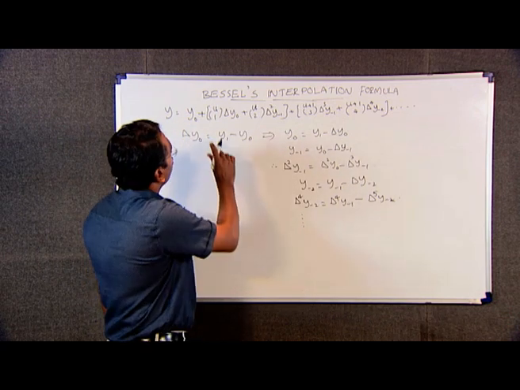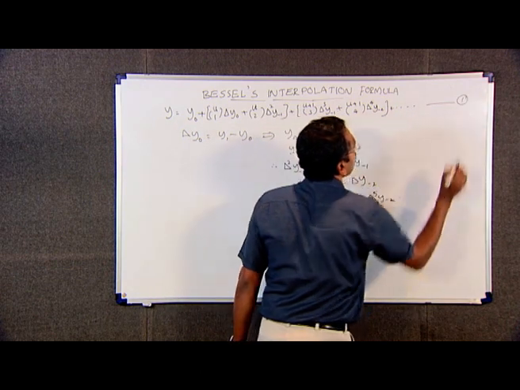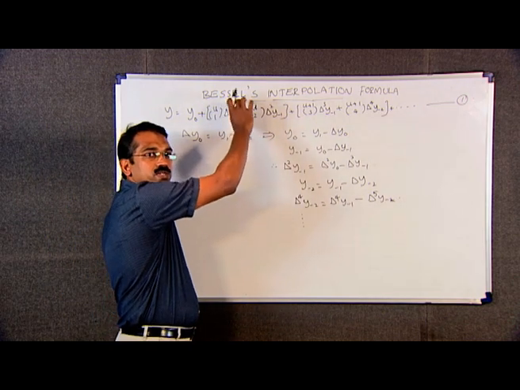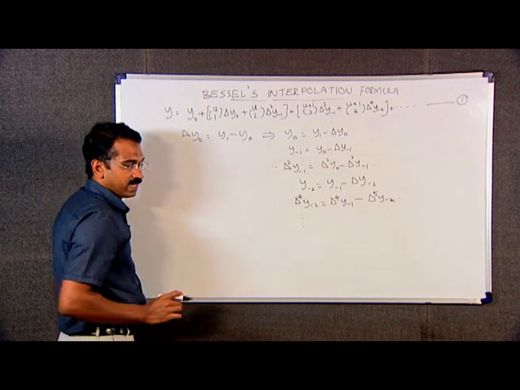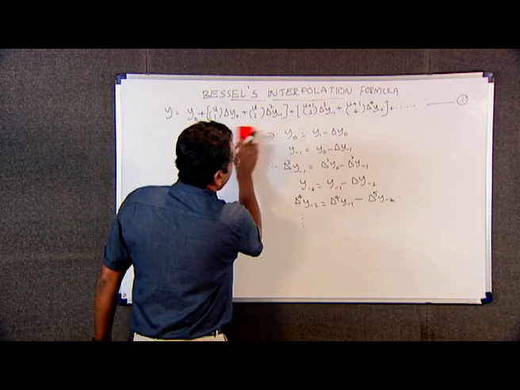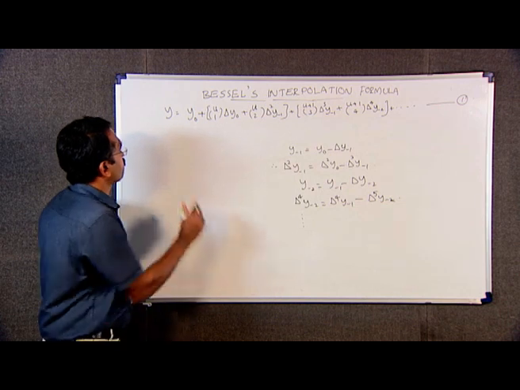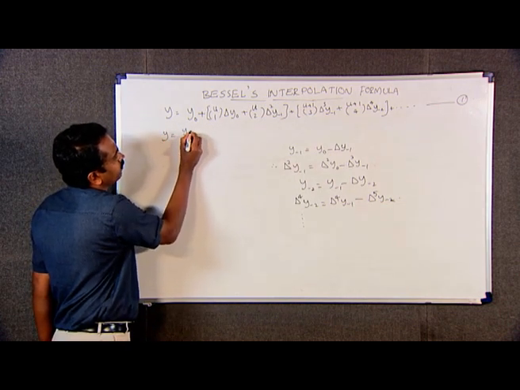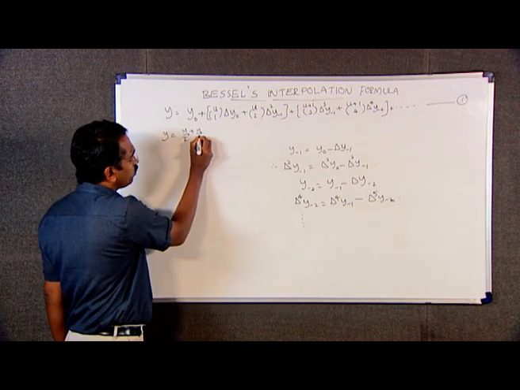Now, this expression is named as equation number 1. We split the alternate terms into two equal parts. Then we can write y is equal to y0 plus y0 by 2 plus y0 by 2.